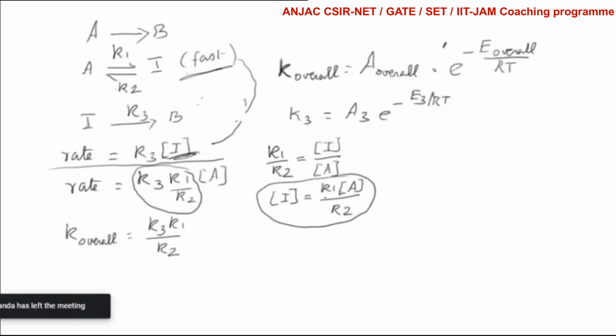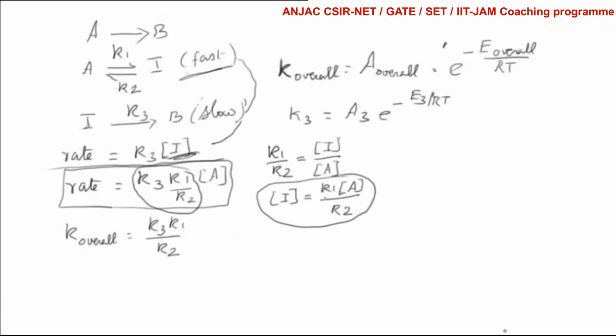Therefore, we are applying the equilibrium method. Therefore, you have obtained this rate law equation. In this rate law, K3 K1 by K2 is called the overall reaction rate constant.